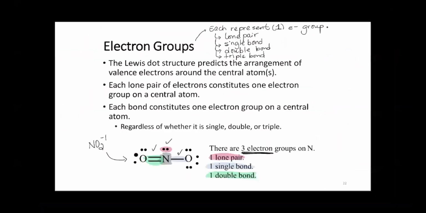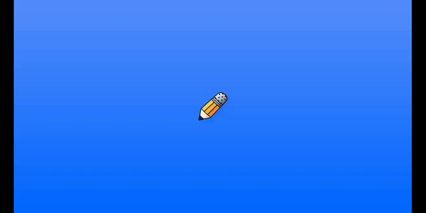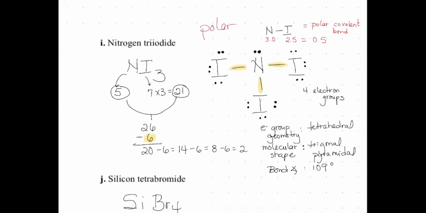So that's where I got my electron groups. By looking at the molecule of nitrogen, and saying, oh, nitrogen has 1 lone pair, that's 1 electron group. 1 single bond, 1 single bond, 1 single bond, that's 3 additional electron groups. That's where the 4 electron groups come from. So this molecule is polar.